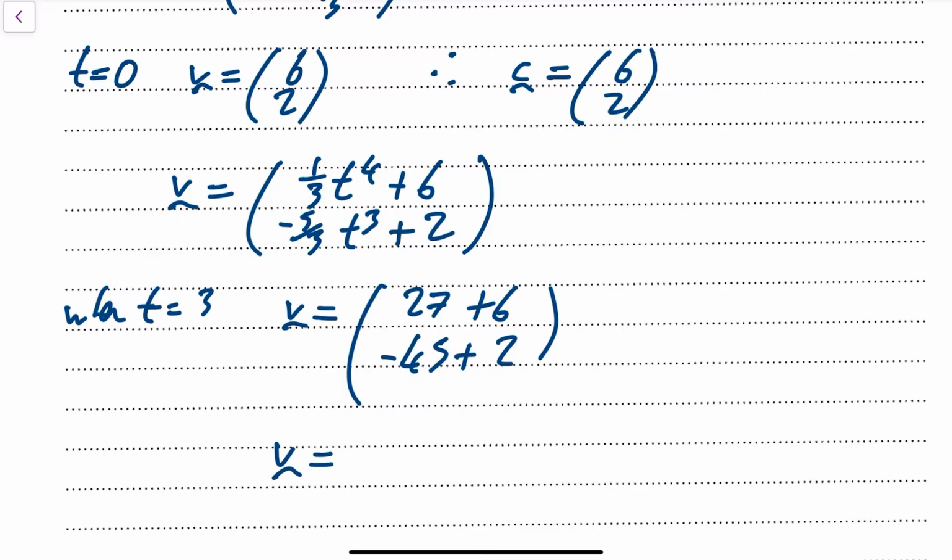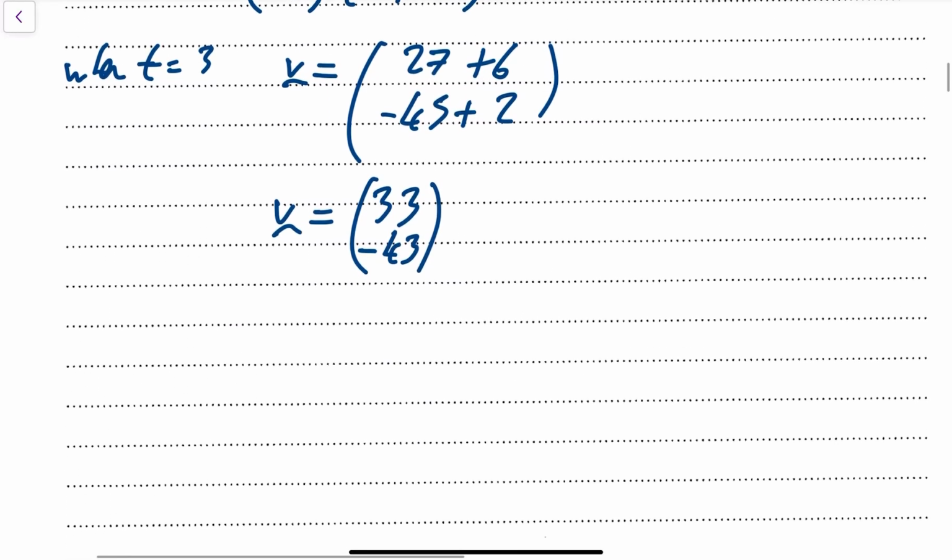So my velocity is going to be 33 minus 43, and because it was given in ij form, I would be a wee bit wary of giving it in column vector form. Definitely like to work in column vectors, but give my answer back in their form.